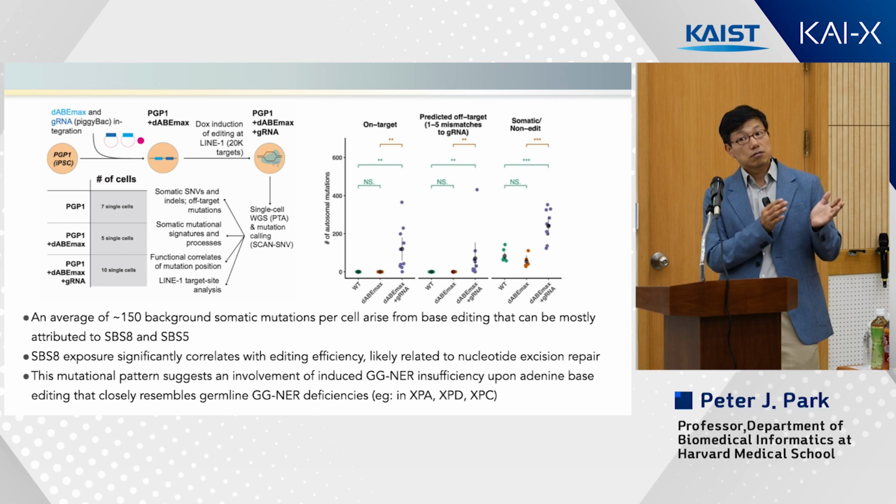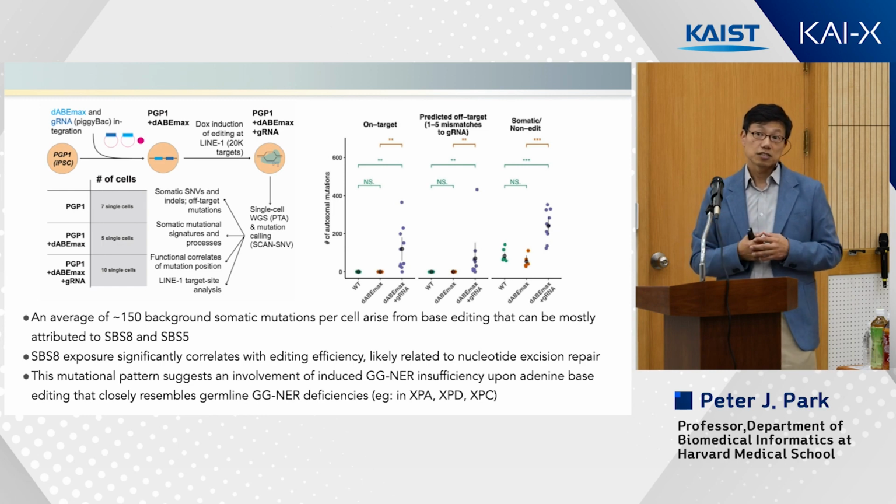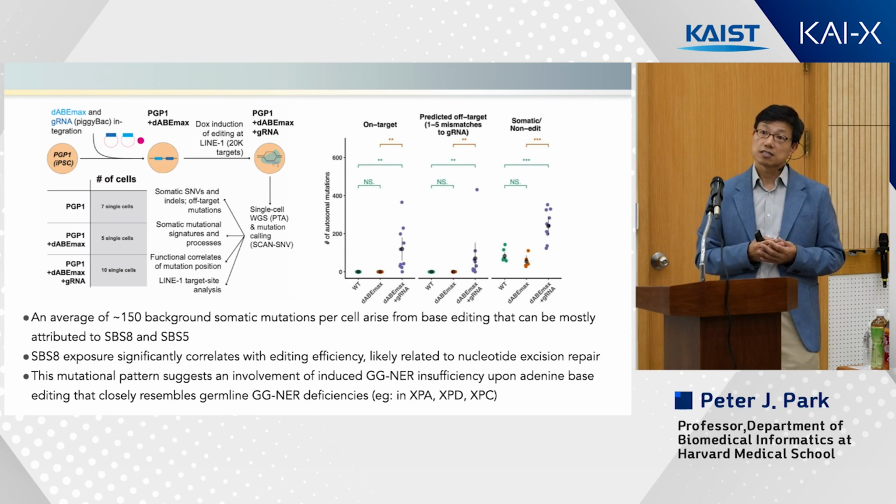So you have guide RNAs, and if you assume where the off-target mutations might occur and sequence those, okay, many papers have done that. And maybe you can claim that there are no off-target mutations.